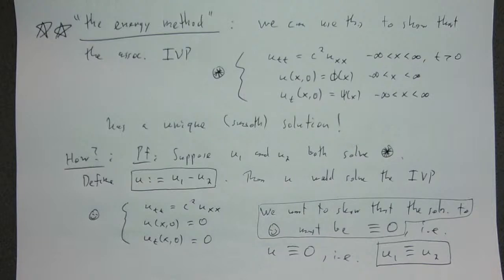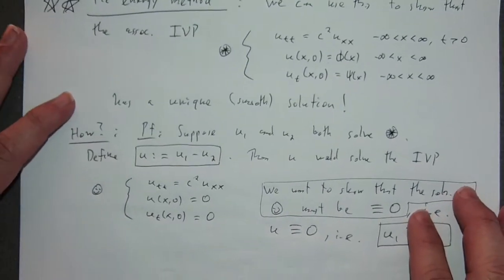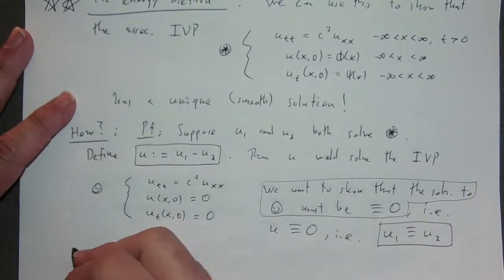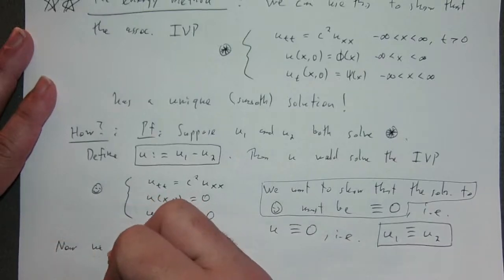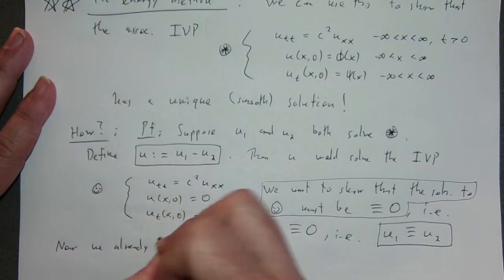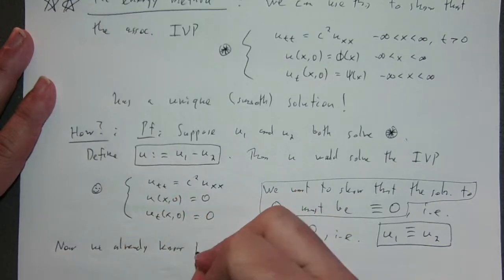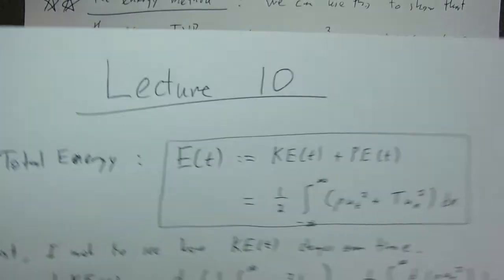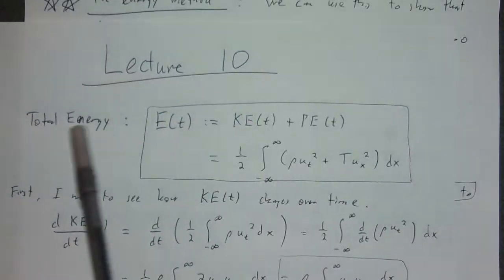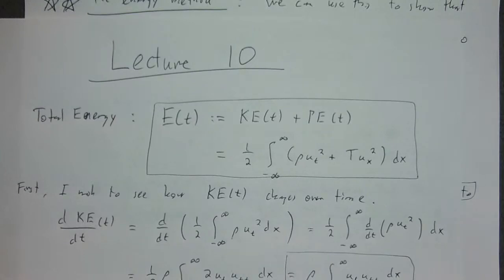Well, here's the question. What is this? If I go to the energy, so now we already know that this computation here, note in this energy method we did not refer to the initial data.